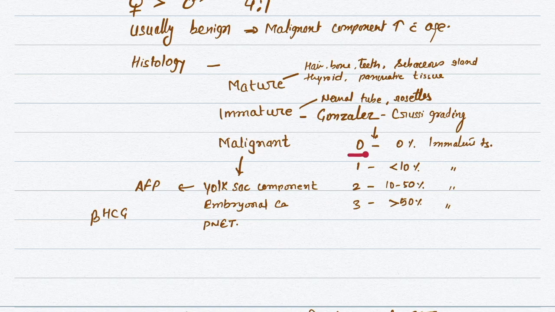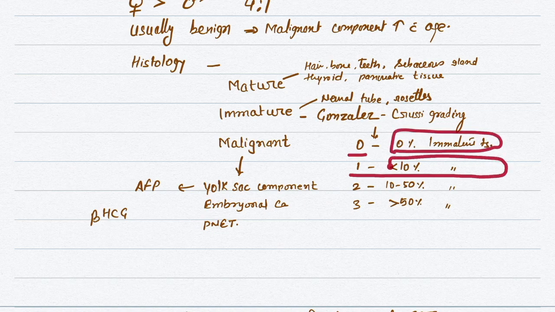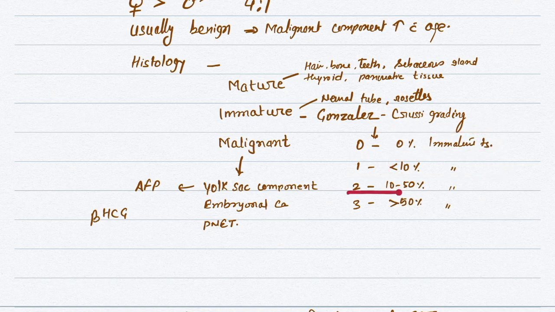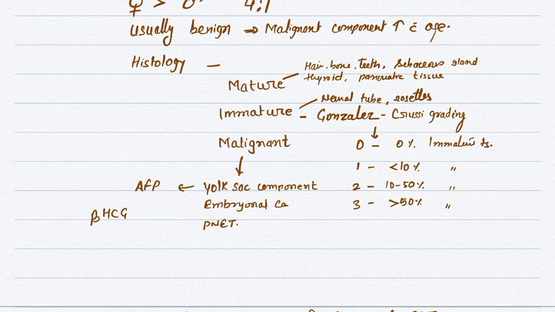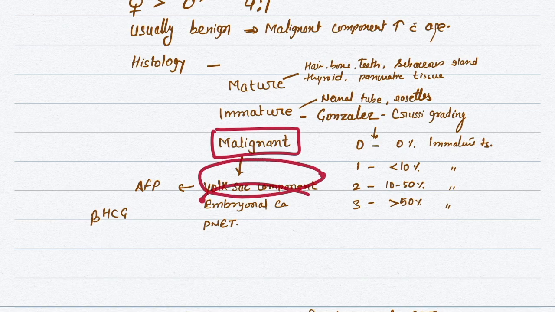Grade 0 contains 0% immature tissue. Grade 1 contains less than 10% immature tissue. Grade 2 contains 10 to 50% immature tissue. Grade 3 contains more than 50% immature tissue. Malignant components include the yolk sac component, embryonal carcinoma, and PNETs.